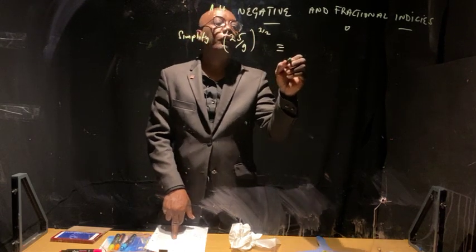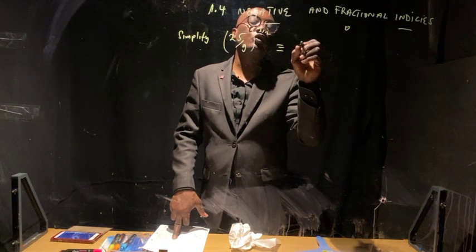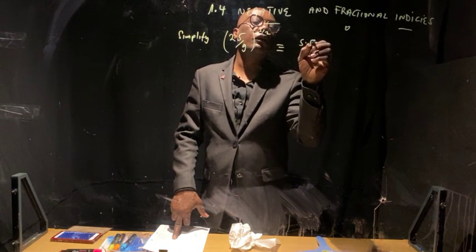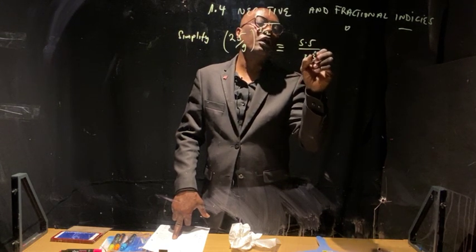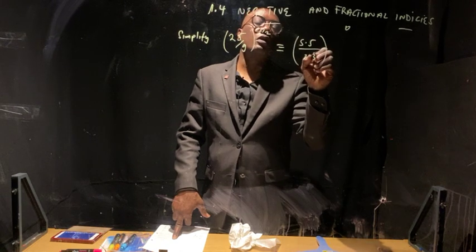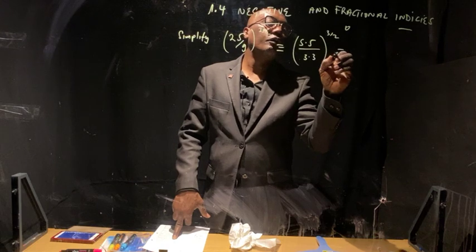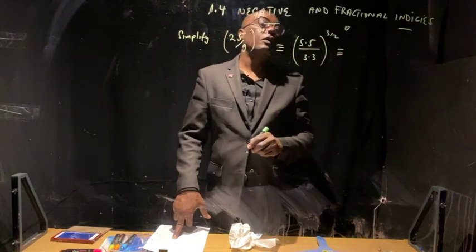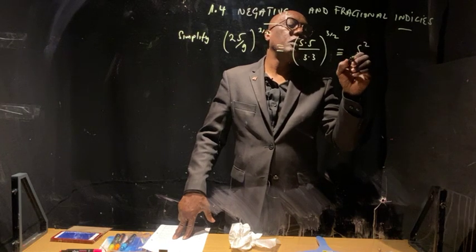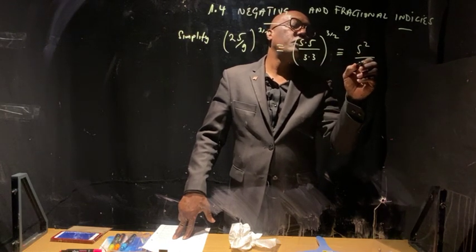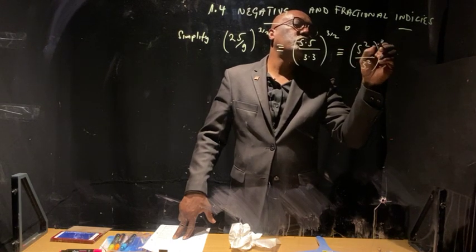This one is no different from, what is 25? 25 is equal to 5 times 5. And 9 is equal to 3 times 3, all raised to the common index of 3 over 2. We can say 5 squared over 3 squared, each raised to the power 3 over 2.